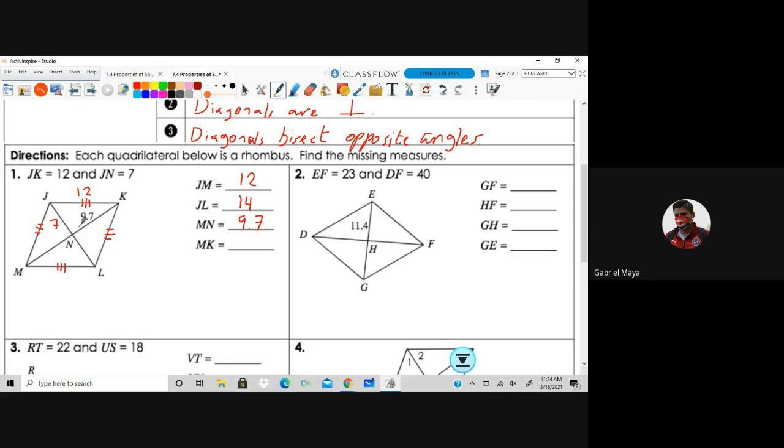Then we also have this congruent to this, and this congruent to this. So what about MK? From M to K? Well, if KN is 9.7, now we just multiply that by 2. 9.7 times 2 gives us 19.4.